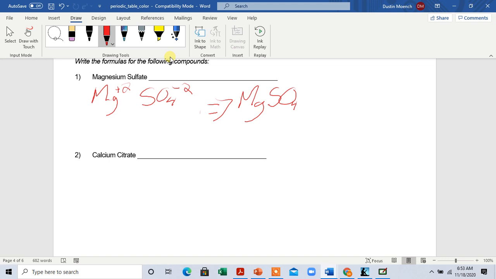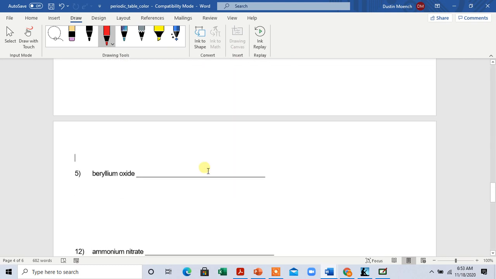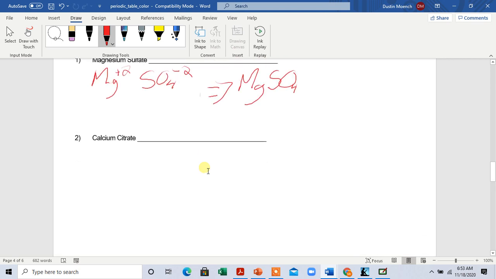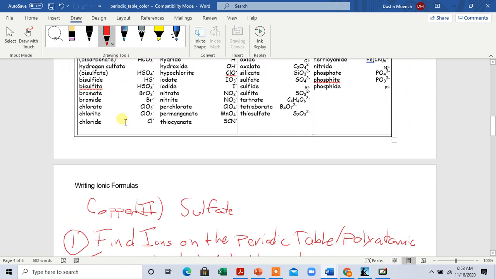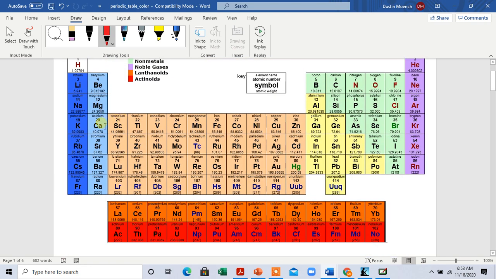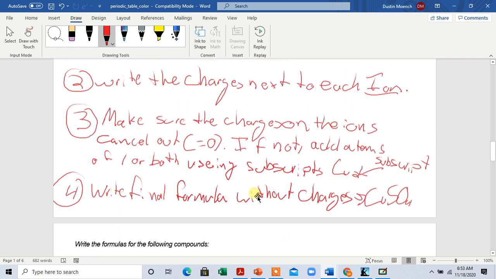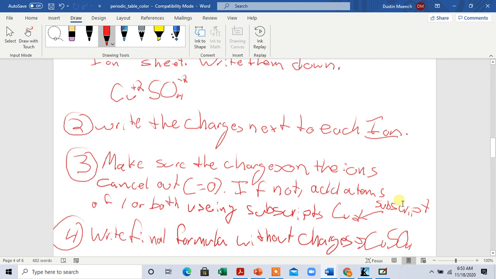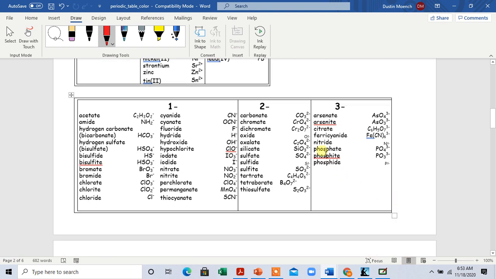Let's try one where they don't balance out. Calcium citrate. Find calcium, Ca, find citrate, C6H5O7.